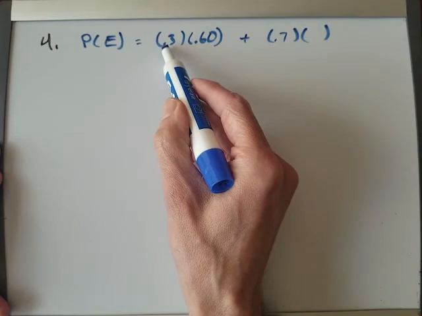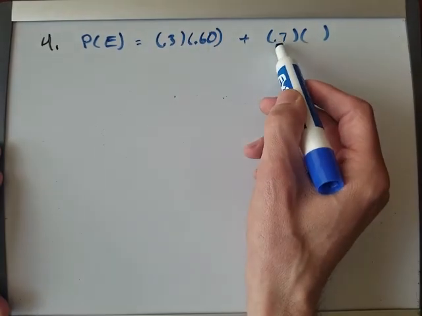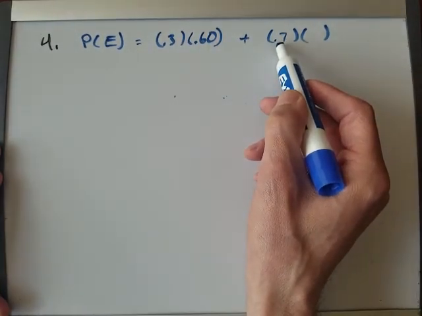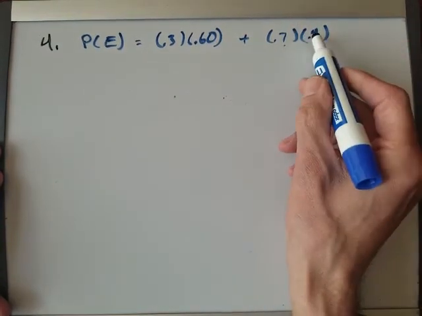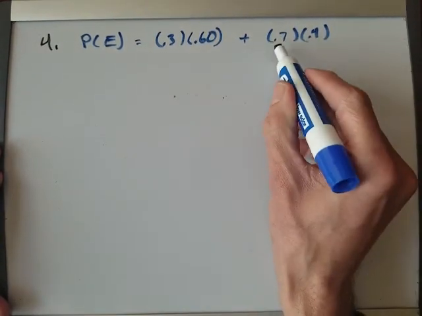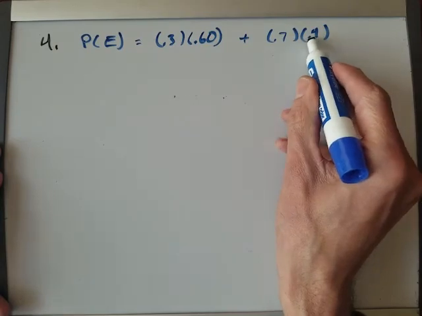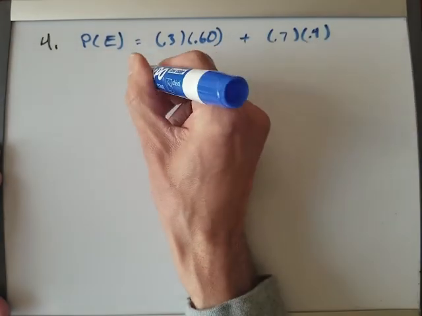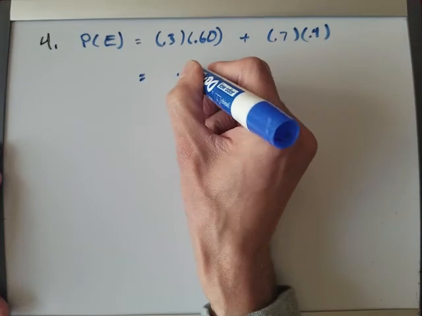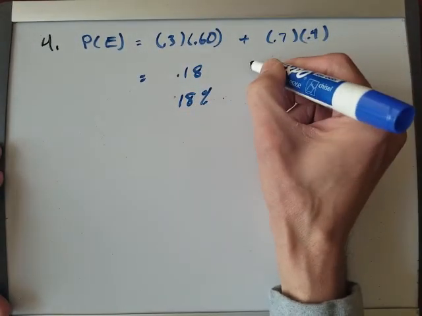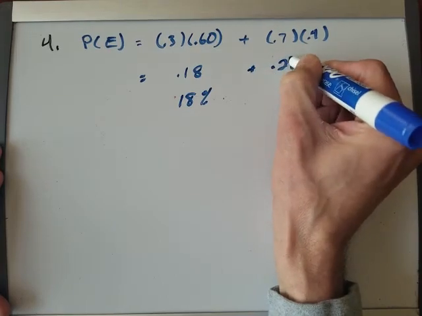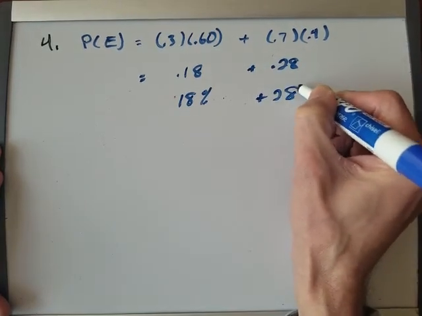If there's a 30% chance of a sellout, well, then there's a 70% chance of it not selling out. What is the probability of them winning on condition that it hasn't been sold out? It's a 0.4. So here would be what the total probability is. This is 0.18 or 18%. Multiplying right here is 0.28 or 28%.